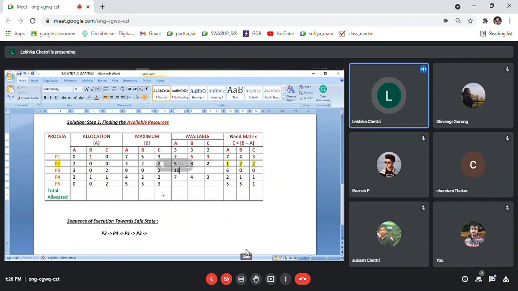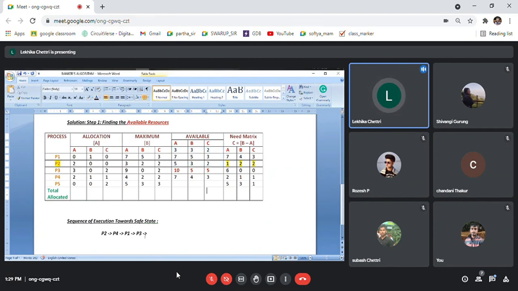Okay, I think it's correct then. 10, 5 plus 0, so 5. Correct. This is 3, and this is 2, 5. So now these are my currently available values.